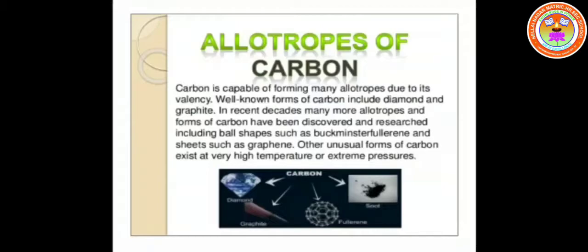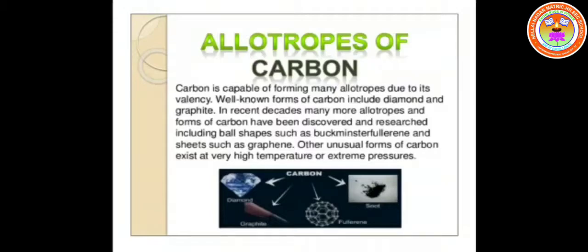In the case of graphite, in lower classes you might have studied one layer of graphite. One layer of graphite is aligned in such a way that another layer of graphite is over that, and then another layer is over that. So layer by layer, graphite is made up.